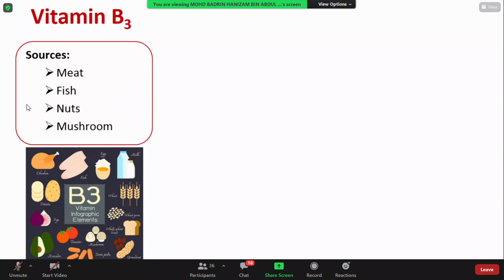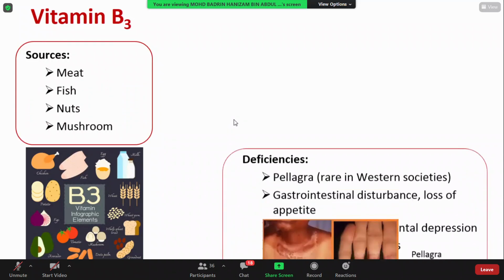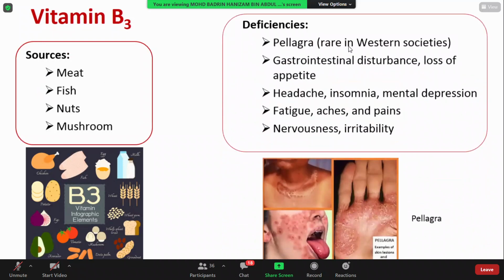Sources of vitamin B3: you can get vitamin B3 from meat, fish, nuts, and mushroom. Plant and animal sources. Deficiency: pellagra is rare in Western societies because Western societies don't get this problem much. Maybe centuries ago, but not at the moment.